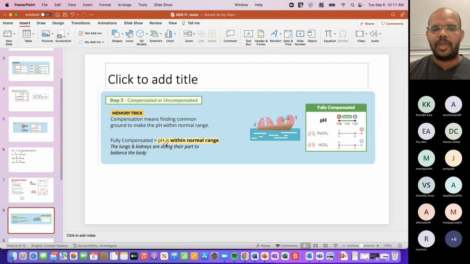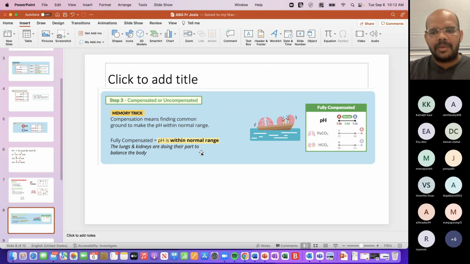Fully compensated means the pH is in the normal range. The kidney and lungs are doing their part and have brought the pH to normal range. So pH is normal, but your kidney and lungs, that is PCO2 and bicarb, are still abnormal, because they are compensating. That is why they are abnormal.